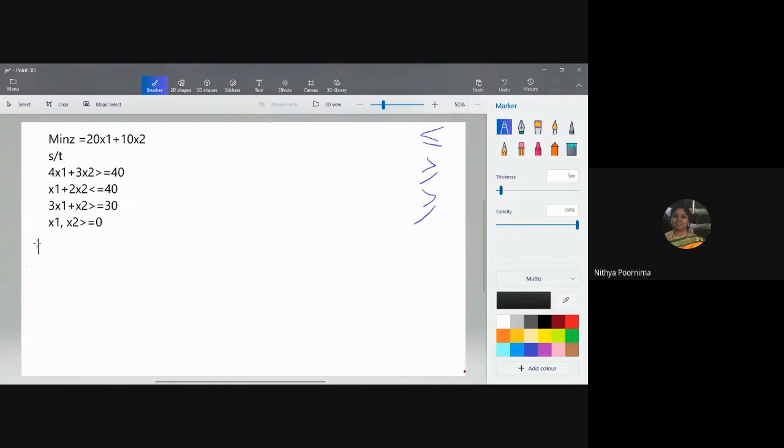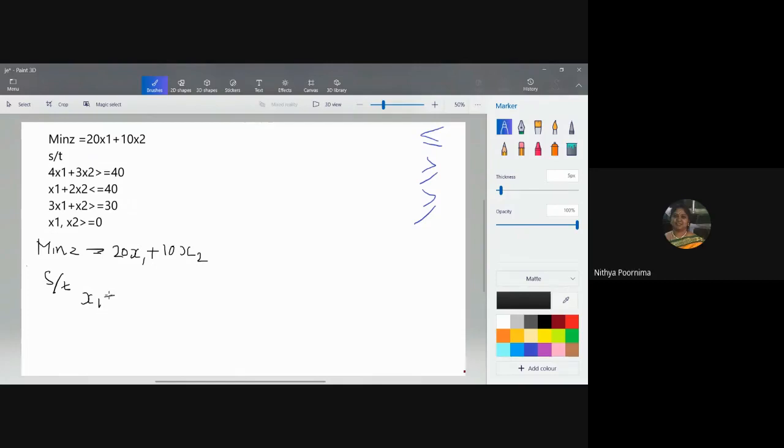Z is equal to 20x1 plus 10x2 subject to. Can you tell me what should come first?